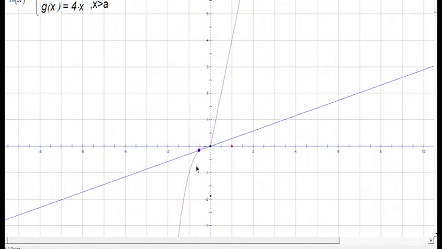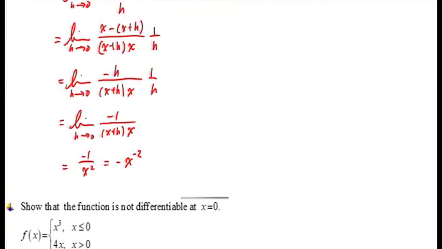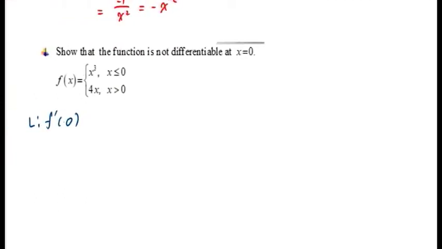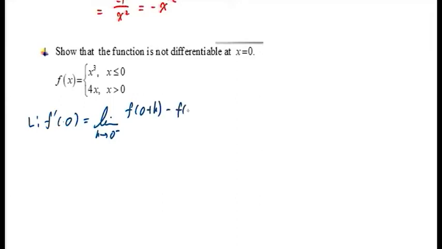How about that idea? Okay, let's do this by hand now. So I'm going to do f prime of x. Oh, let's do left first. Left derivative. F prime of 0 is the limit of h approaching 0 slightly from the left of f of 0 plus h minus f of 0 over h.